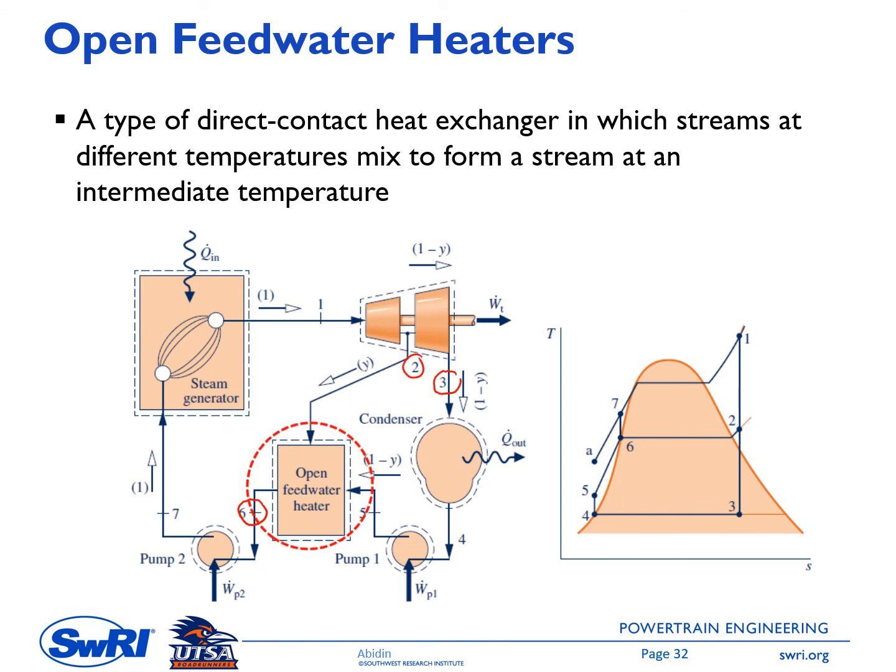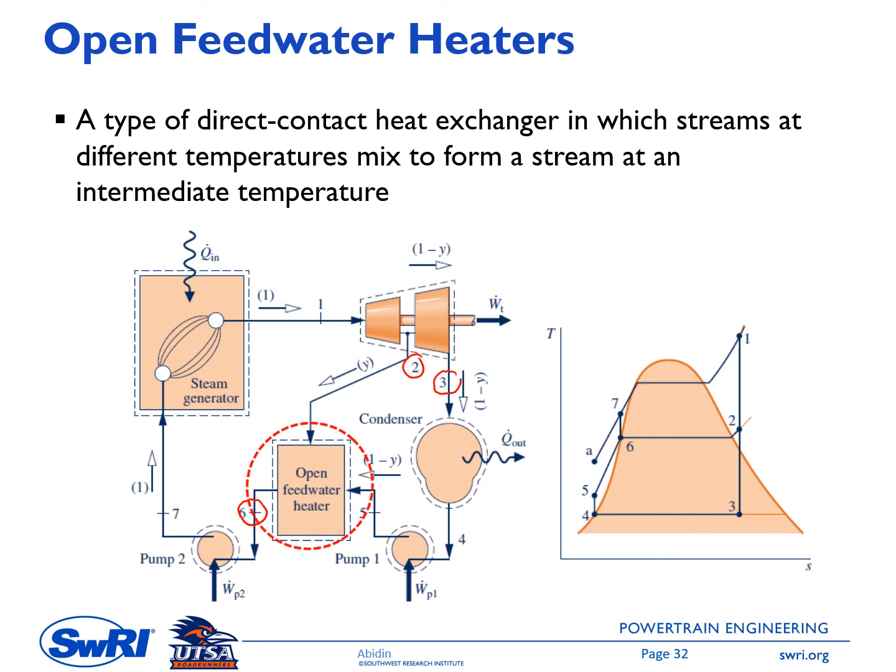Only some is extracted, and the rest will flow to the second stage turbine. Therefore, we will still have 2 turbines here, so the power of the turbine will be the sum of these 2 turbine powers.